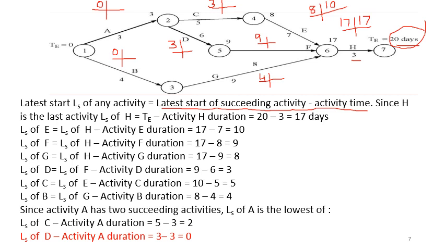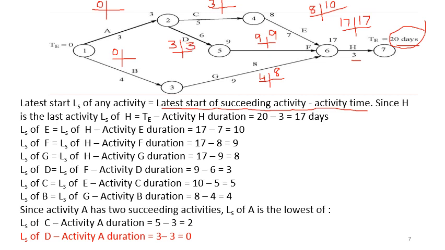Similarly, the latest start of F will be 17 minus 8, that is 9. Similarly, the latest start of G will be 17 minus 9, that will be 8. Similarly, the latest start of D will be 9 minus 6, that is 3.